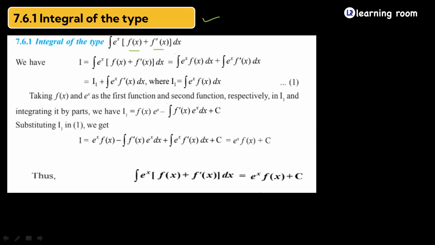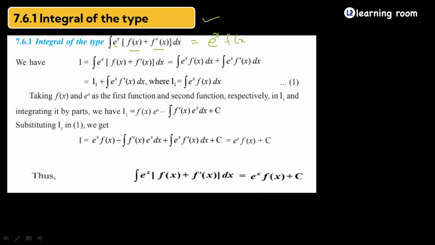The question is, what is the integral of an exponential function multiplied with a function added to its derivative? And the answer to that is e power x into f of x plus c itself. So this is the answer.